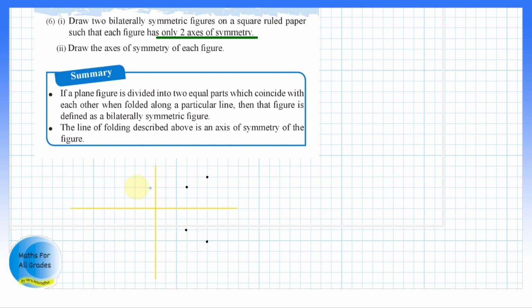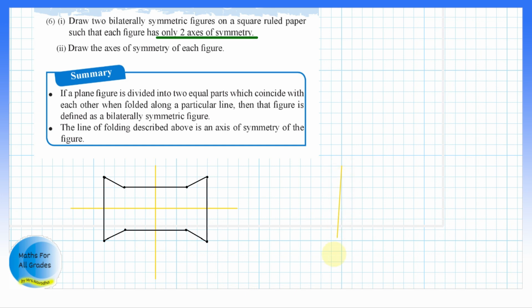So this one is three squares away. And one point is here, the other point is here. Three squares away, and this one is five squares away. Let's connect these points using a ruler. So you will get a figure with two axes of symmetry.